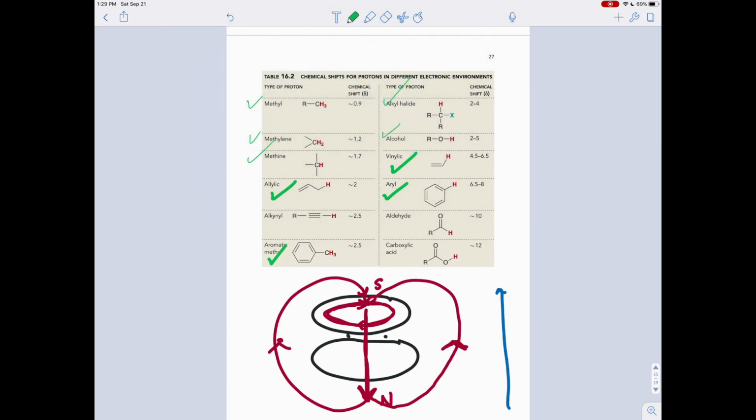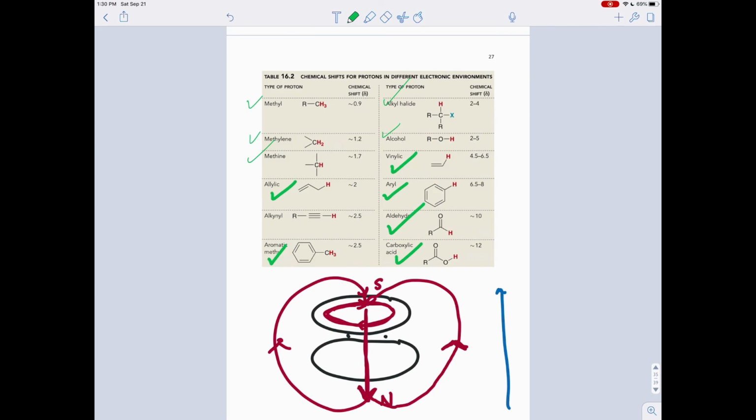Okay, so we've explained everything here, up to aldehydes. Carboxylic acids, you notice they're even further down because the hydrogens both have the effect, they're feeling the effect of the magnetic anisotropy on that pi bond there. And they're feeling electronegativity from 2 oxygens, so that pushes them even further down than an aldehyde. So they're really, really far.